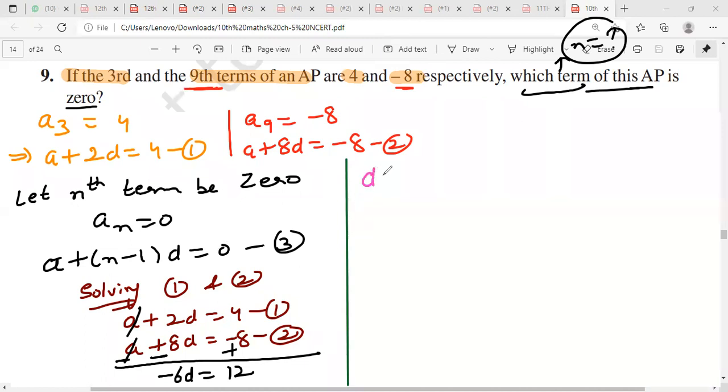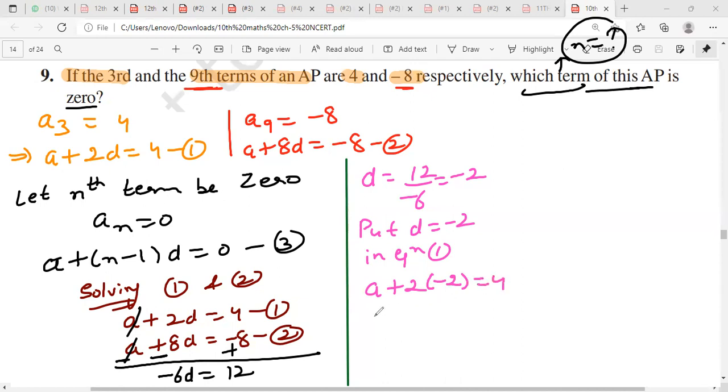So d will be equal to 12 by minus 6, that is minus 2. Now put d equal to minus 2 in equation 1. That is a plus 2 in place of d, that is minus 2, it is equal to 4. So a will be equal to 4 minus 4, when shifted to the right hand side plus 4. So a is equal to 8.